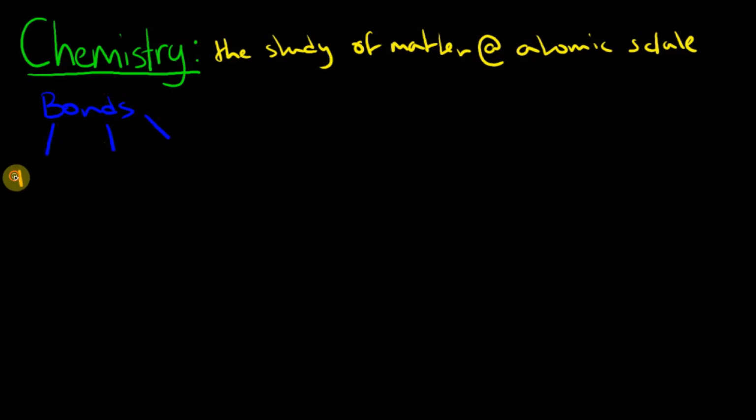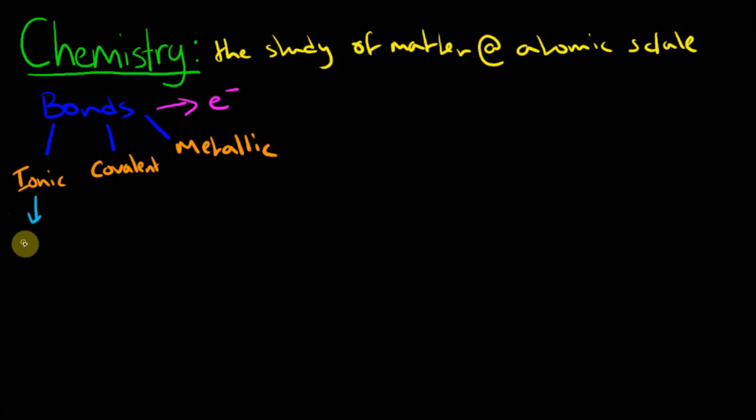They are ionic bonds, covalent bonds, and metallic bonds. Now, each of these bonds has its own unique characteristics, but the one thing that all of them share is that they involve electrons. The process of making those bonds always involves electrons. Always, always, always.